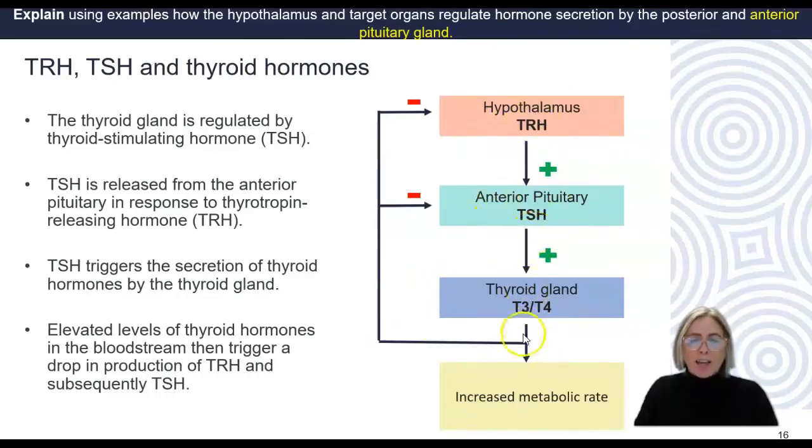And in that way, we get maintenance of normal levels of thyroid hormones in the bloodstream. So when we get to the tutorial, we'll talk a little bit more about the thyroid hormones and what happens if you have too much of them or too little.